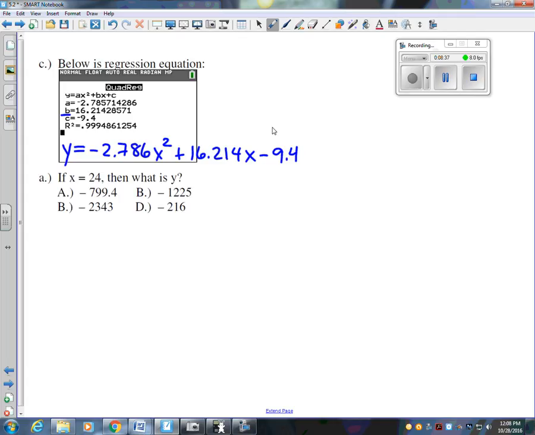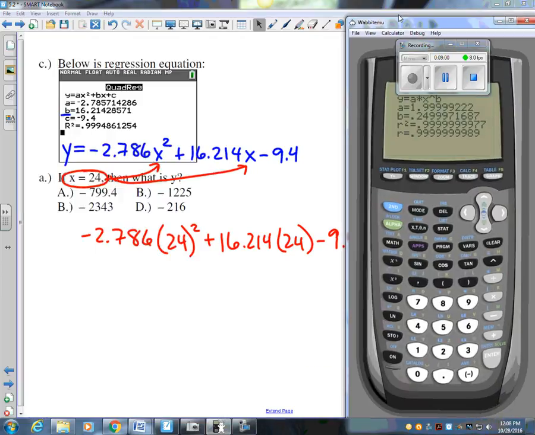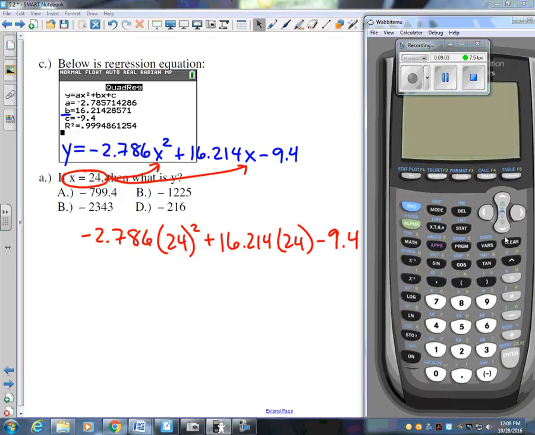Well, they tell you X is 24, so you're simply just going to plug in 24 wherever you see an X. Negative 2.786, 24 squared, plus 16.214 times 24 minus 9.4. So in my calculator, you just need to type that on the main screen.